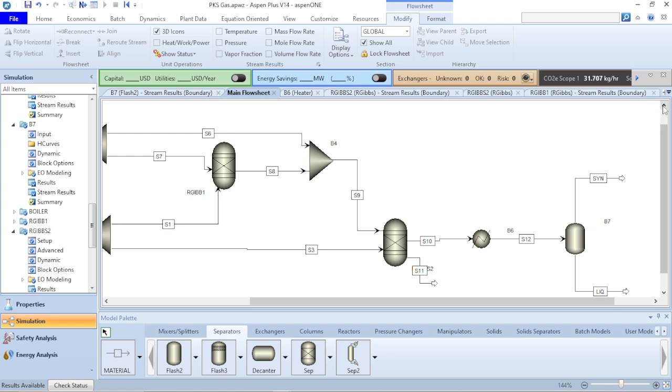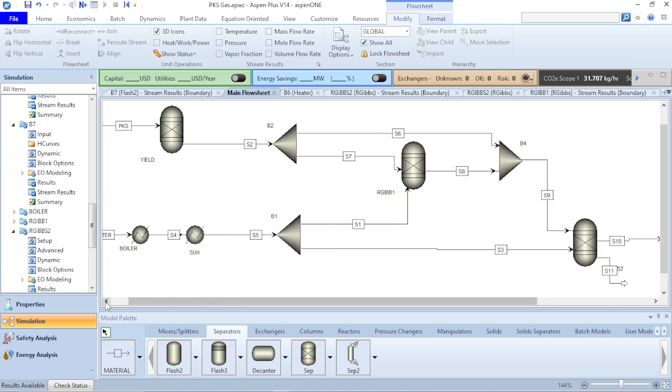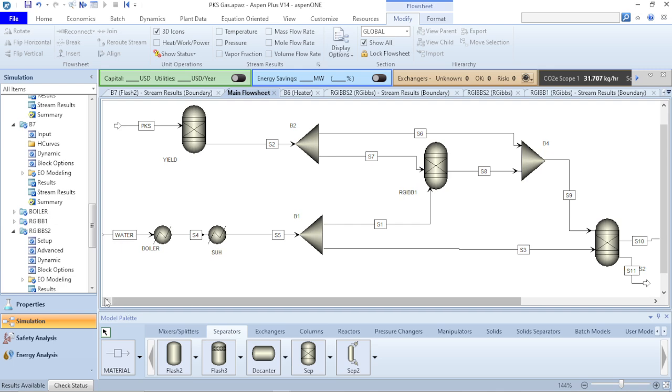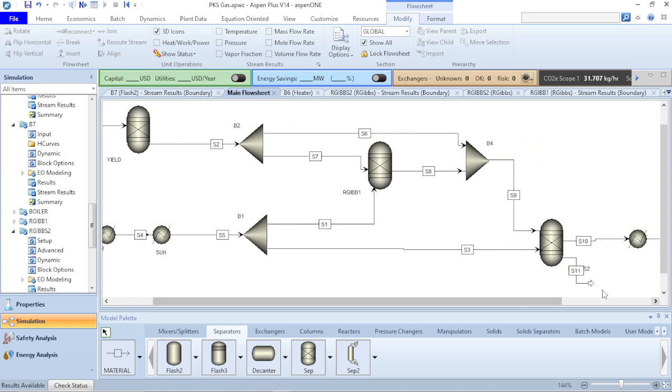You can do a quick optimization, check what temperature will give more production of hydrogen, and do some analysis on this. We'll discuss more about this in the next class, but this is the complete setup that we need.